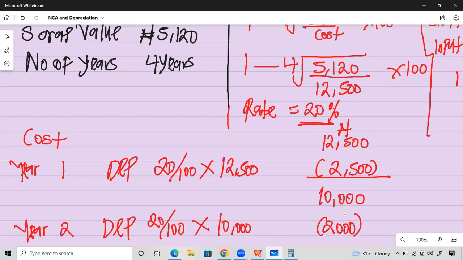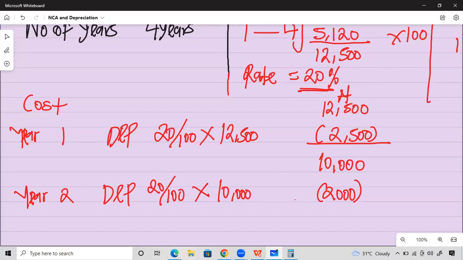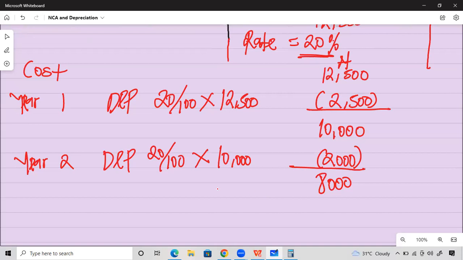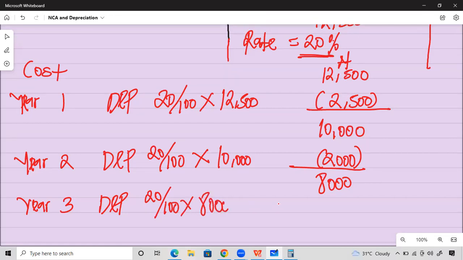So at the end of year 2, the balance is 8,000. You calculate the depreciation for year 3. Depreciation, 20 divided by 100 multiplied by 8,000. 20% of 8,000 is 1,600.